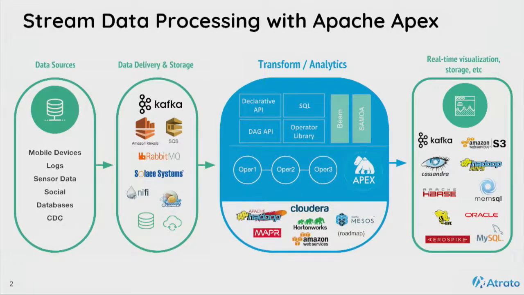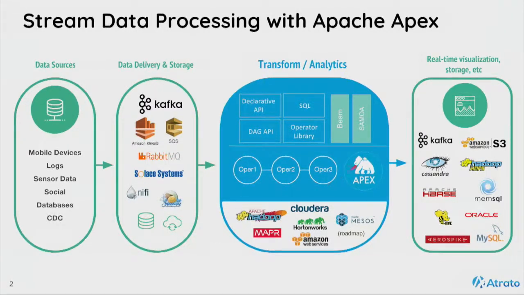Now we want to deliver that data for processing. Kafka is the most prominent system in that space for streaming data. It can transport the data, it can store the data, and it's scalable, so widely adopted. Everybody knows Kafka. There are other messaging systems that can perform similar functionality.